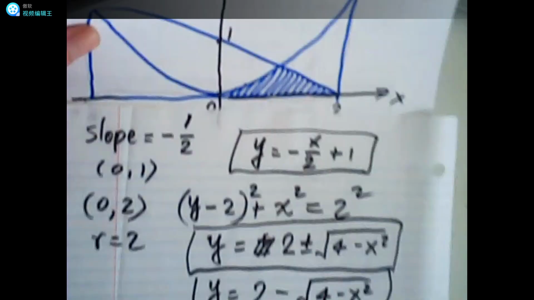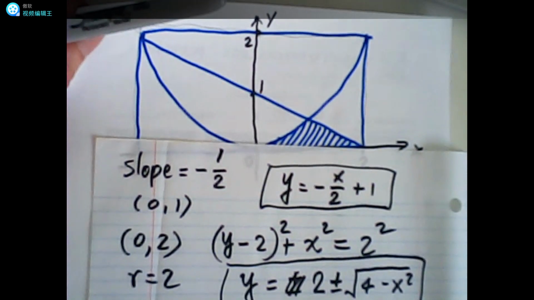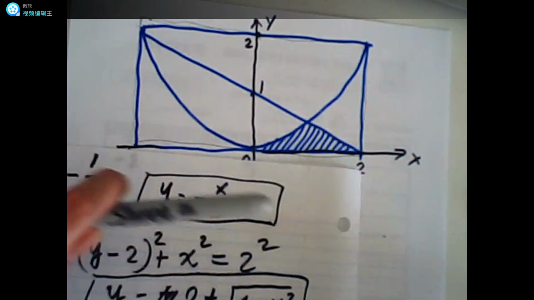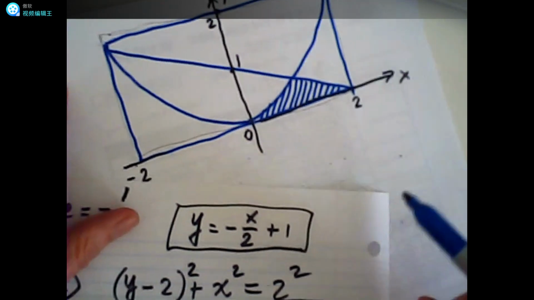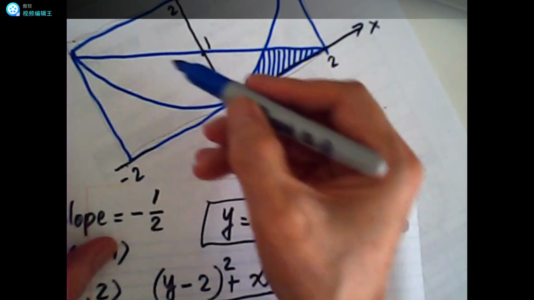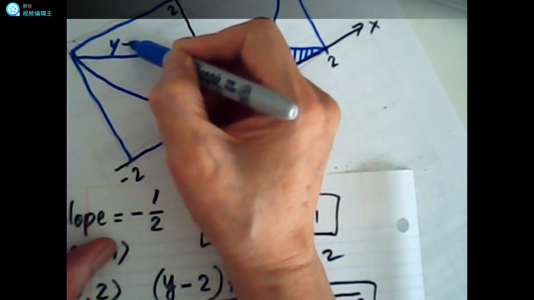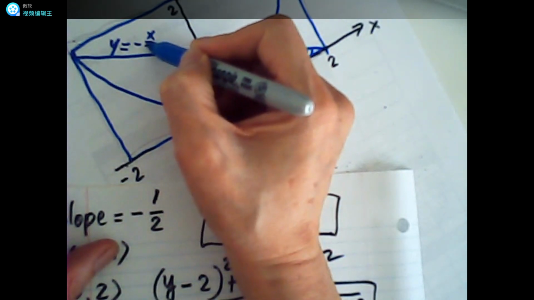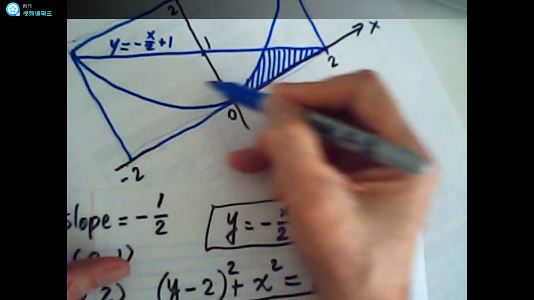Now we can start to integrate. Okay, let me write the equations first. The line is y equals negative half x plus 1.